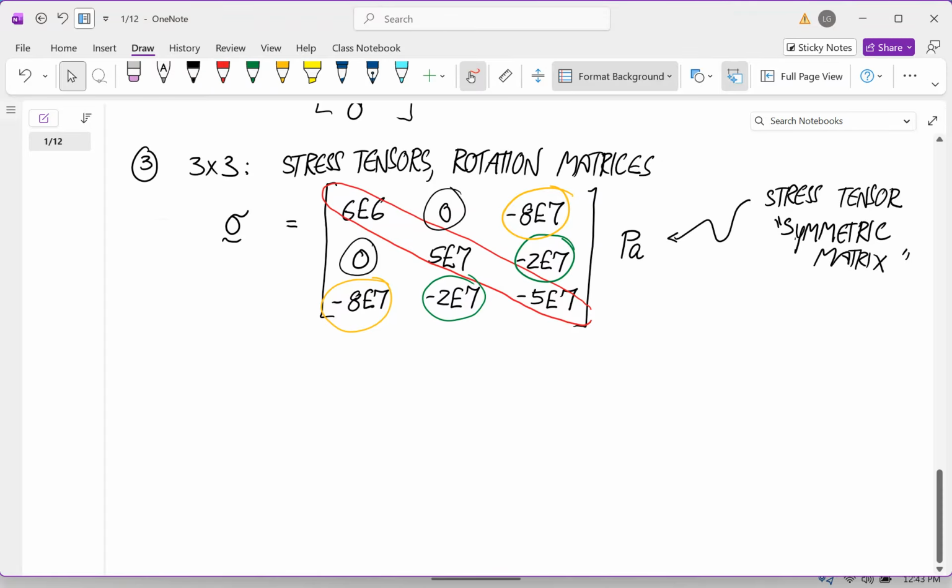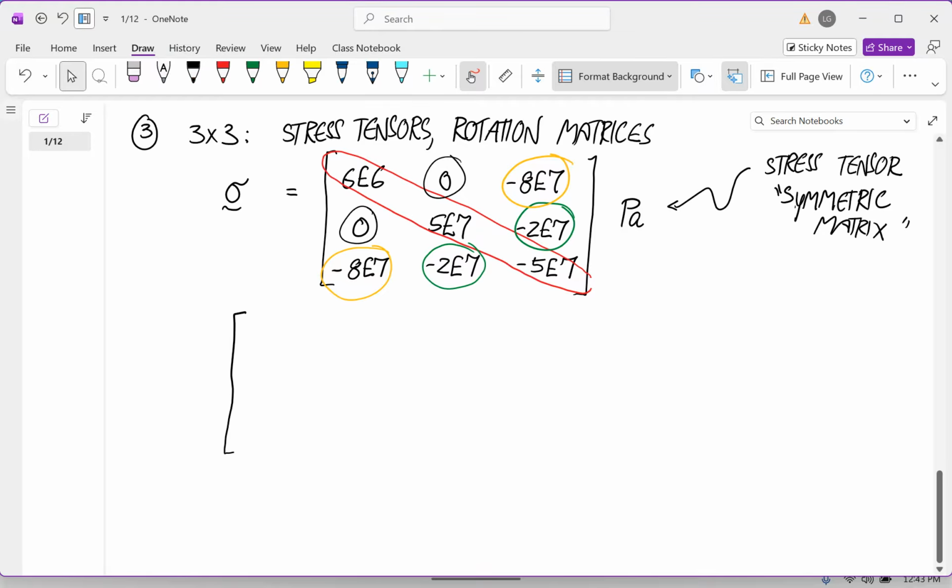And then the second type is a rotation matrix. I'm going to make one of these up using values. Let's say 0.7071. Let's use a different one.